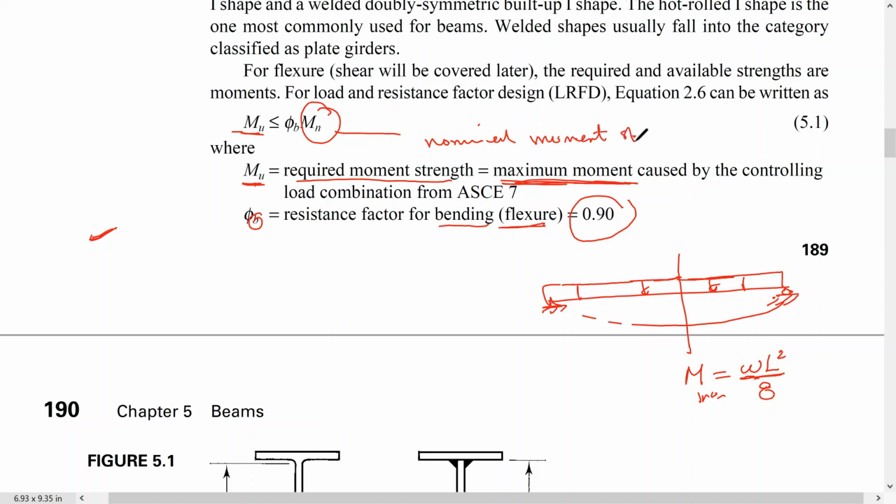As we had nominal strength in chapter 4 for columns, here we're going to have nominal moment strength.